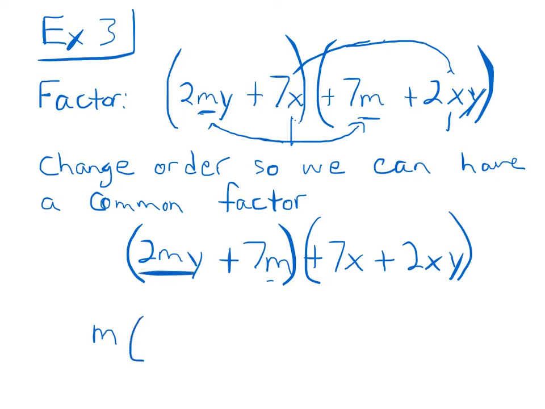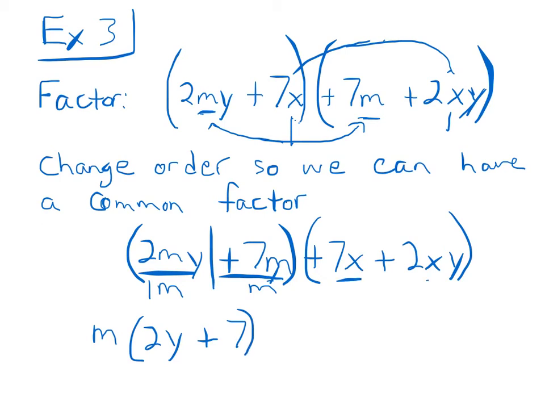So if I factor out an m of each one of these, 2my divided by m, the m's cancel, leaving me with 2y. And then plus, the m's cancel, leaving me with just 7. Okay, what's the common factor of these?